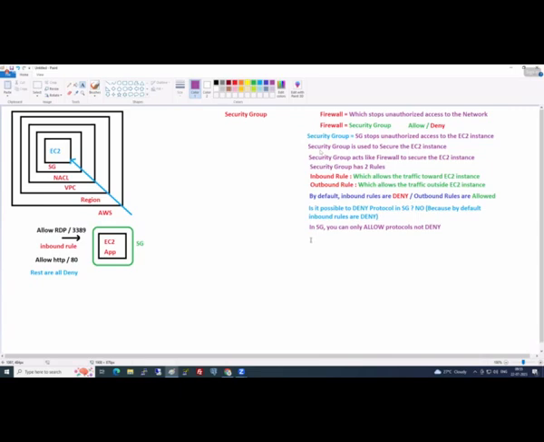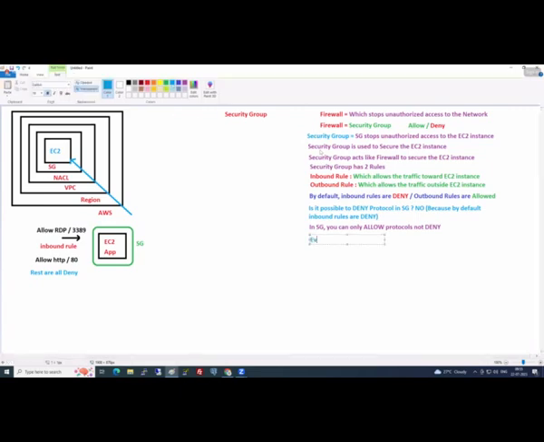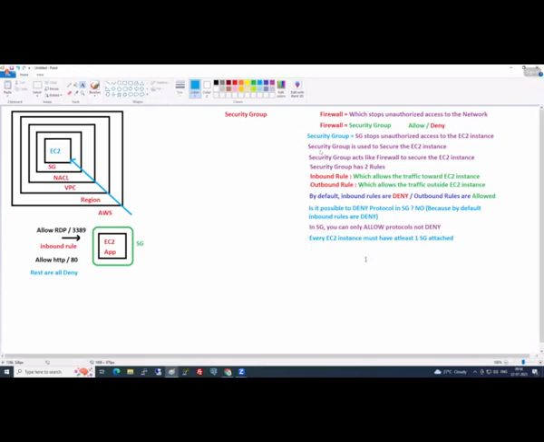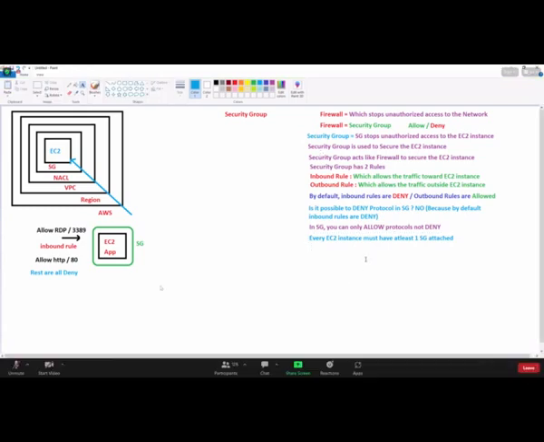So every EC2 instance must have at least one security group attached.